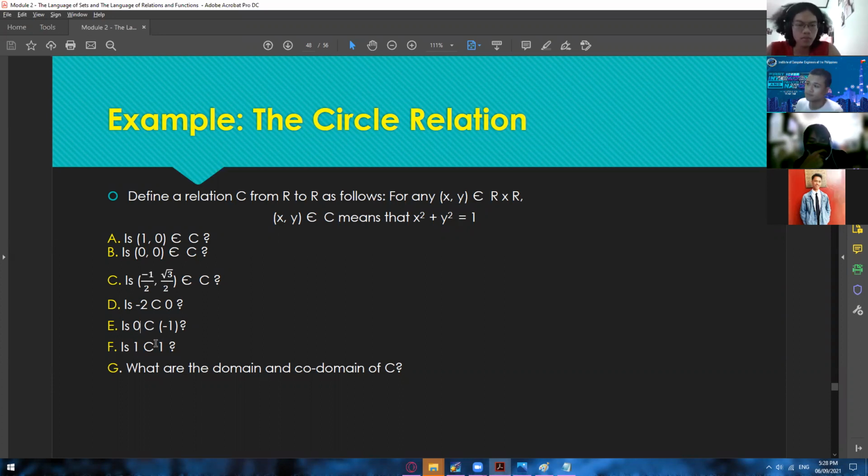Yes? Okay, the correct answer in letter F is no. 1 squared plus 1 squared is already equal to 2, wherein 2 is not equal to 1. So 1 is not in relation with 1. And then what are the domain and codomain of C?